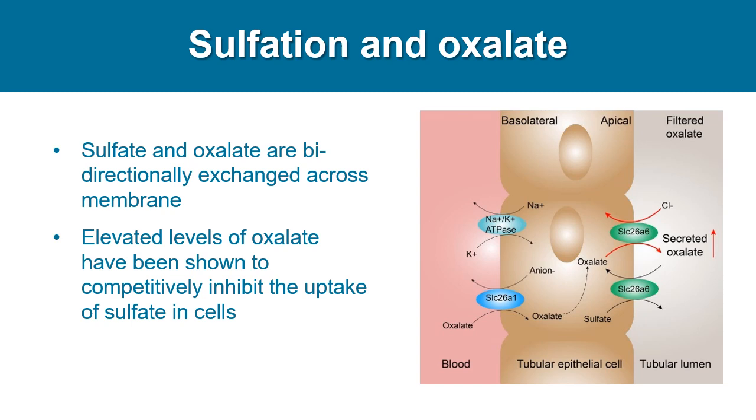This shift with sulfate and oxalate is very, very profound. Again, for every sulfate ion crossing one way, an oxalate ion goes in the opposite direction, and oxalate also outcompetes sulfate. It's almost like it's stronger. So as long as it's present in high levels in the body, it's very difficult to maintain adequate sulfate status.